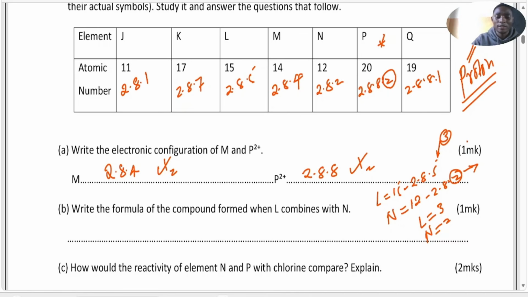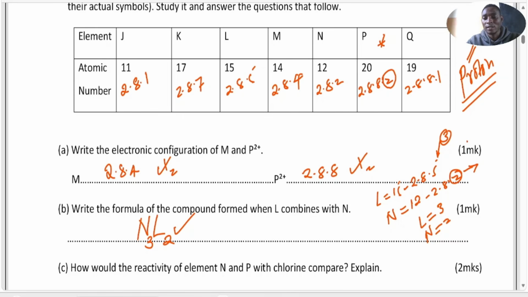So anytime we are writing a formula, we start with the metal, so N, then L. Then we interchange their valences so that the valence of N goes to L and the valence of L goes to N. So we are going to have N3L2, and that is the formula of the compound formed when L combines with N. You also need to understand that you are allowed to use the actual symbols of those given elements to write the formula.